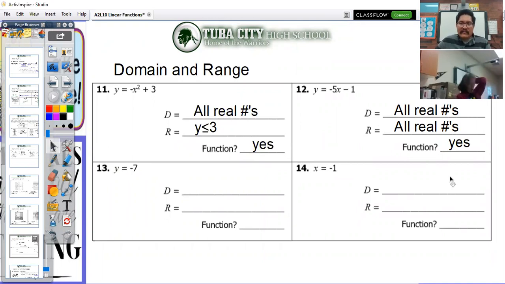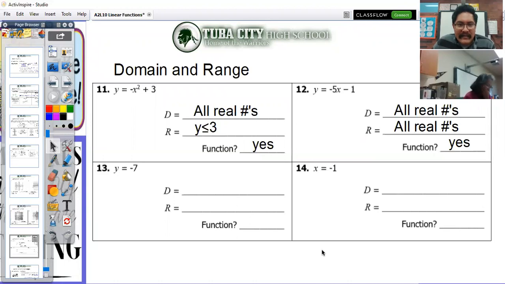Most lines are going to be functions. Most straight lines are going to be functions. Now, when we say line, we mean that it has to be a straight line. If it's not a straight line, we'll usually use a different word like curve or parabola or hyperbola or something else like that. But when people say line, you have to think it's going to be a straight line.